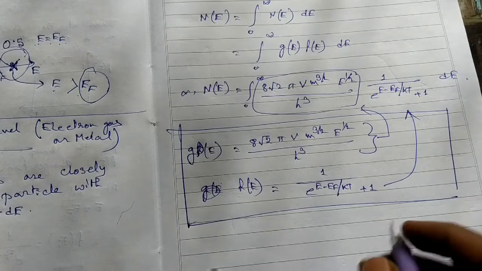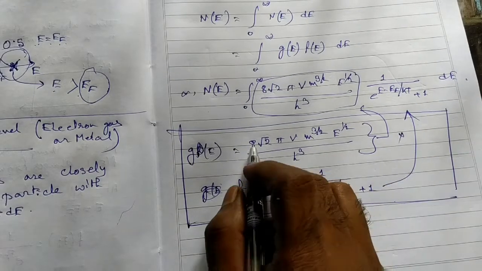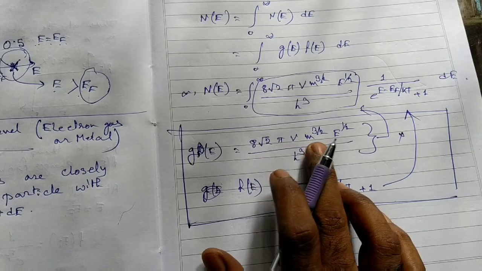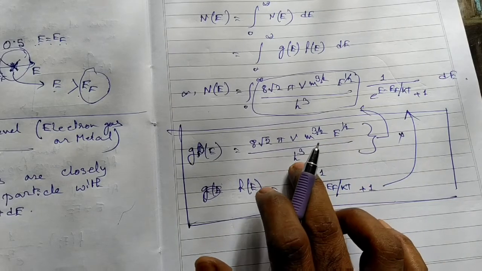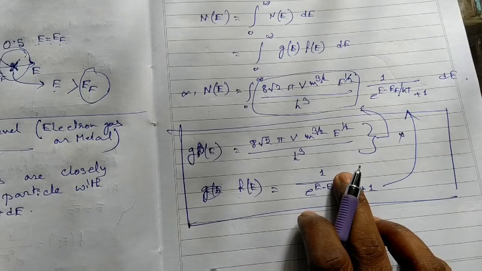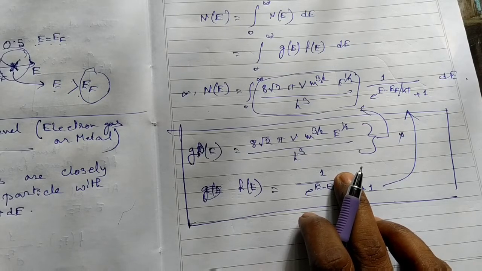Clear? The density of state is actually 4 root 2 pi V m to the power 3 by 2 E to the power half by h cube, for an ordinary particle. For electrons, because electrons obey the Pauli exclusion principle, one quantum state or energy level can be occupied by two electrons with opposite spin.